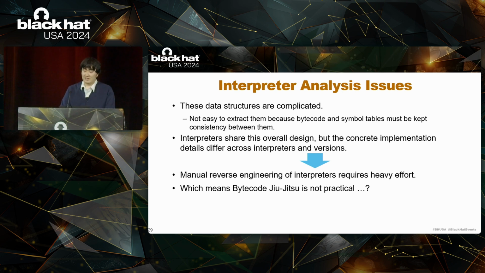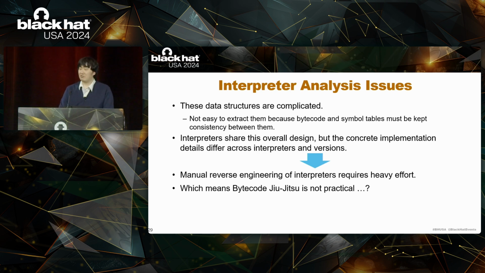As explained, these data structures are not so simple. It is not easy to extract them because bytecode and symbol tables must be kept consistent with each other. And interpreters share this overall design, but actually the concrete implementation details differ across interpreters. It is hard to reveal such implementations and data structures by manual reverse engineering.